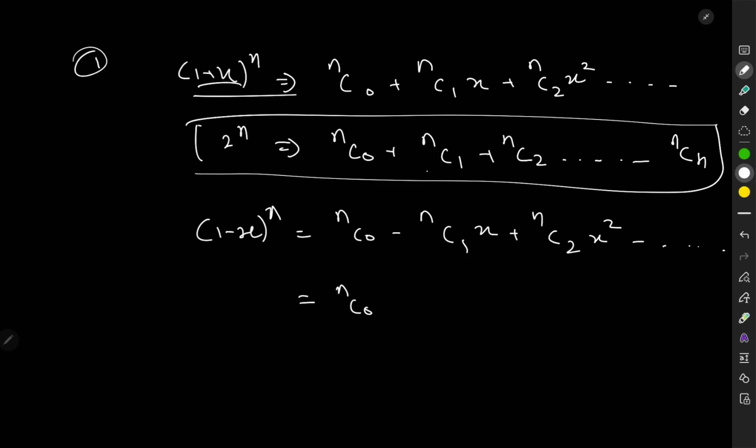I'll get nc1x plus nc3x cube, right? nc0 plus nc2 x square, I can say like this, right?